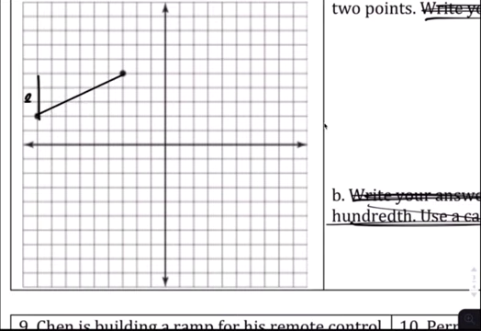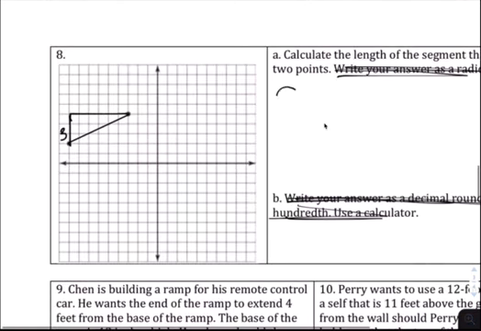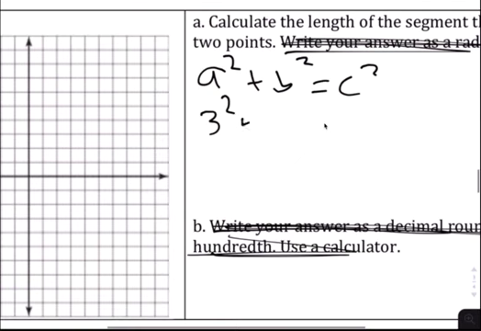And that's 3 here, 6 here. And you do a squared plus b squared equals c squared. That's all you have to do here, okay? So you do 3 squared plus 6 squared equals. That's not 18, my God.